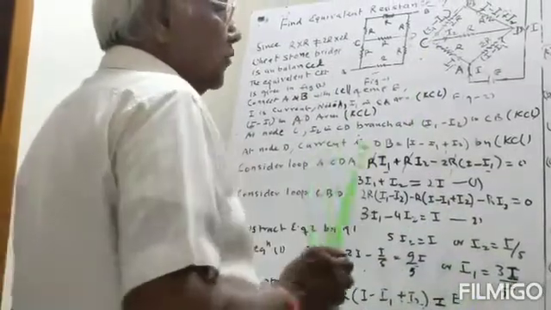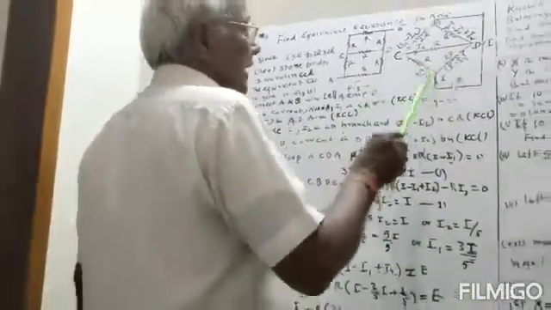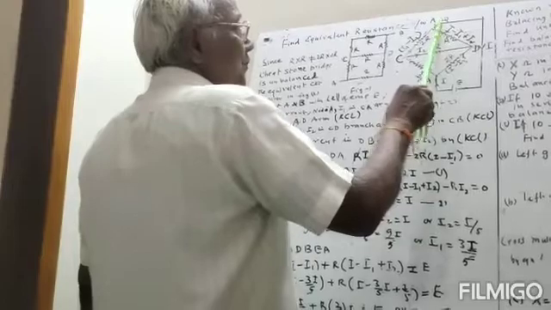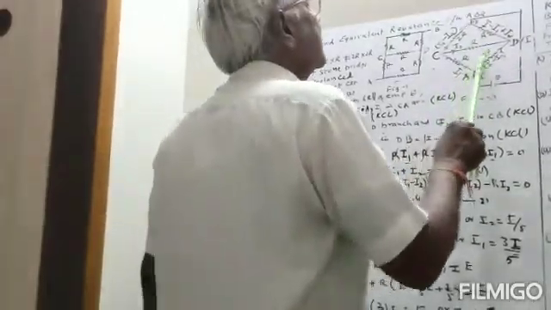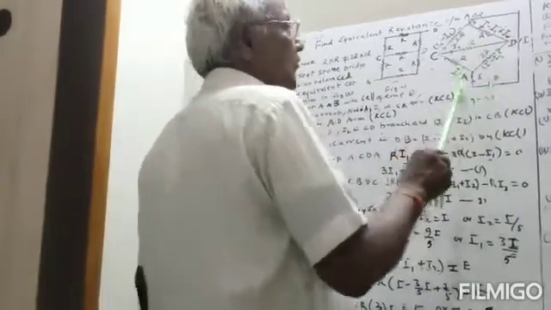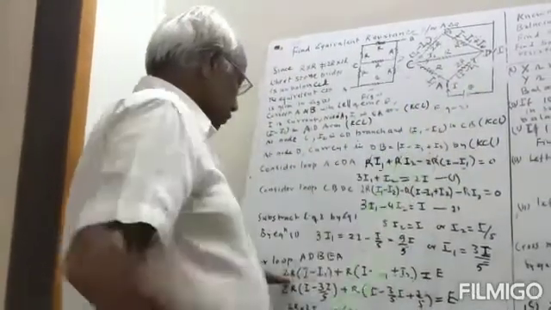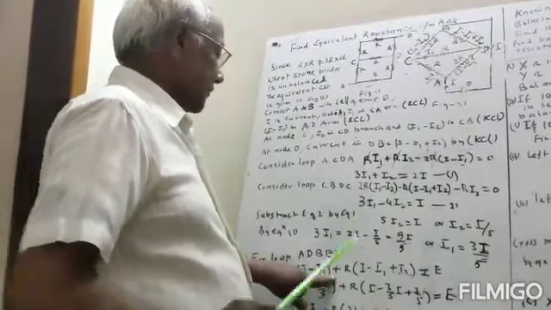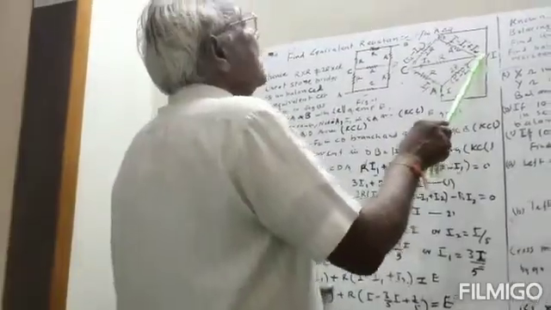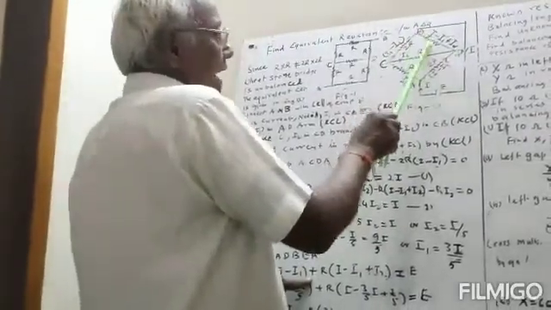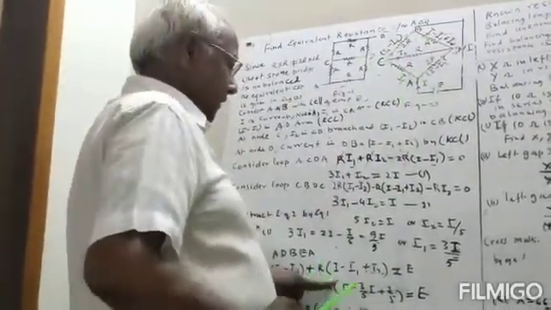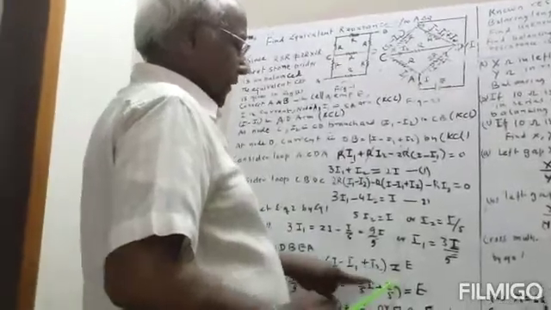Now we take the third loop, loop A, D, B, A. In this loop, the resistance is 2R. The direction of loop is the same, so it is 2R into (I minus I1). Then here the direction of loop and the direction of flow of current are the same, and the resistance is R, so R times (I minus I1 plus I2).